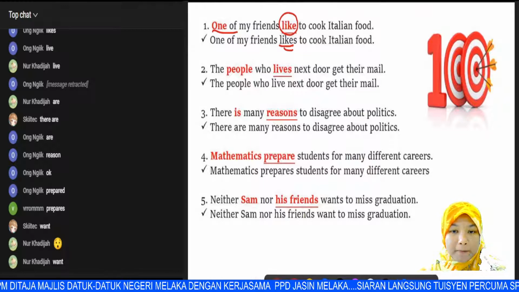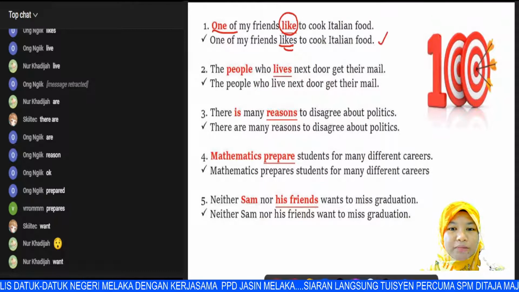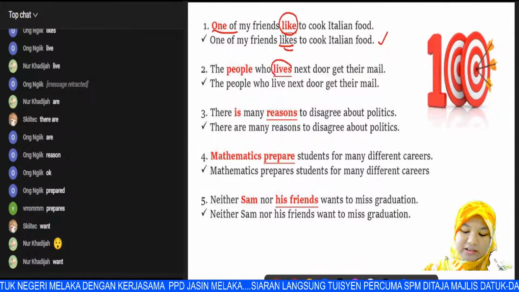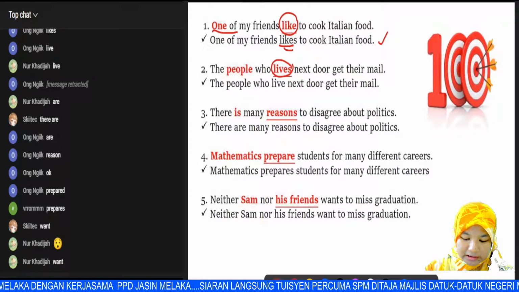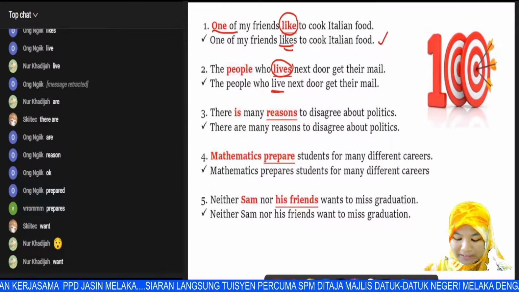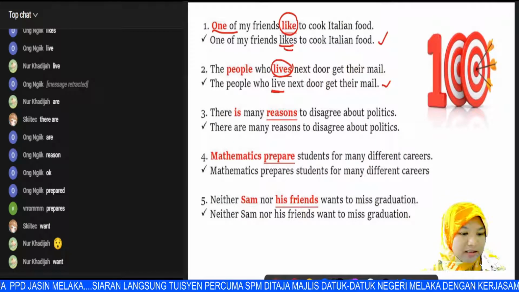People is plural, remember that. The error is lives. So you modify the verb and change it into a plural verb, live without s, and it becomes a correct sentence.